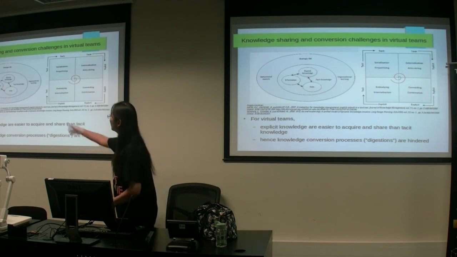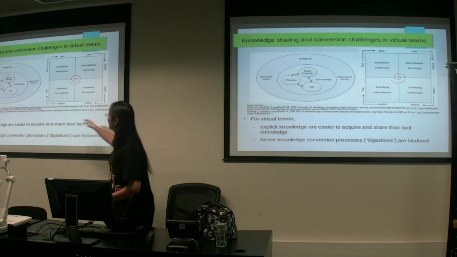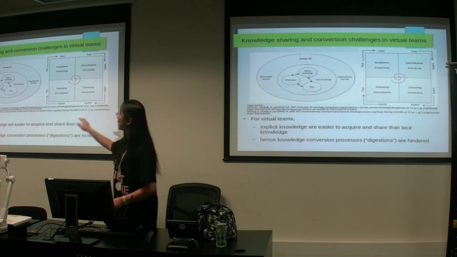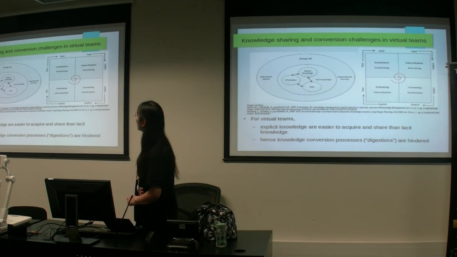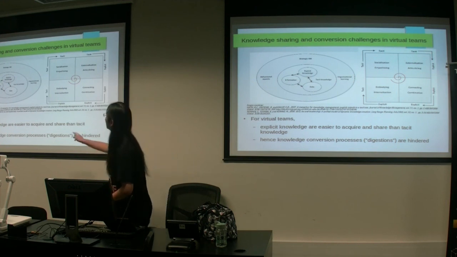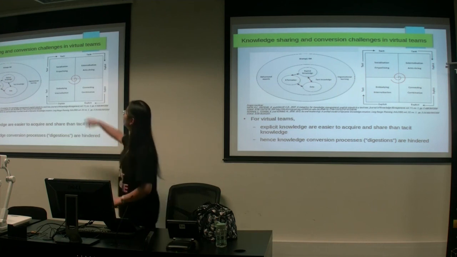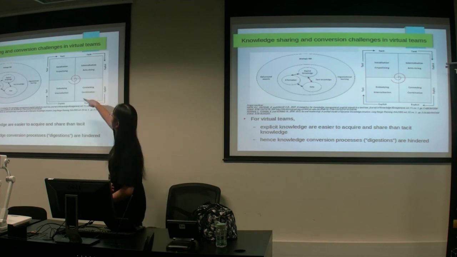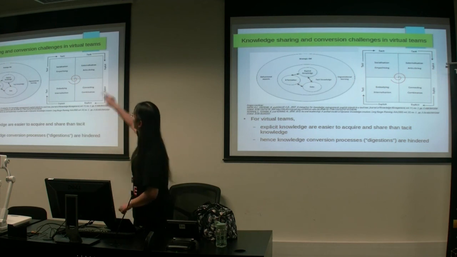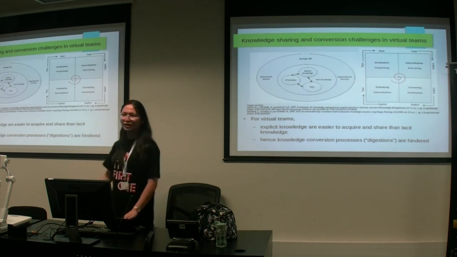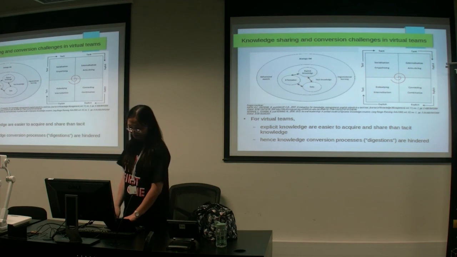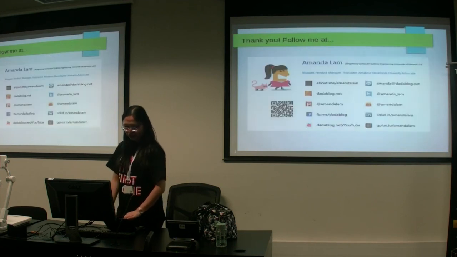So for virtual teams, you may have a huge obstacle to acquire and share this type of knowledge, and hence the knowledge conversion processes will be hindered as well, because it's difficult for people to gather around for visualization, and you can't convert tacit knowledge to explicit knowledge. So that's a challenge here.